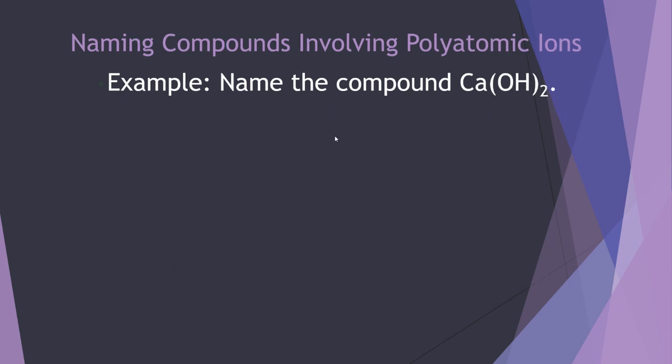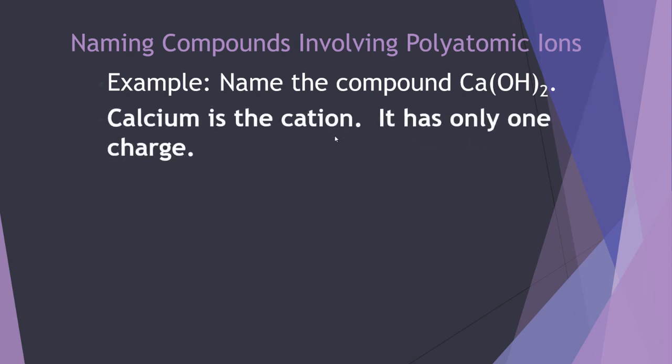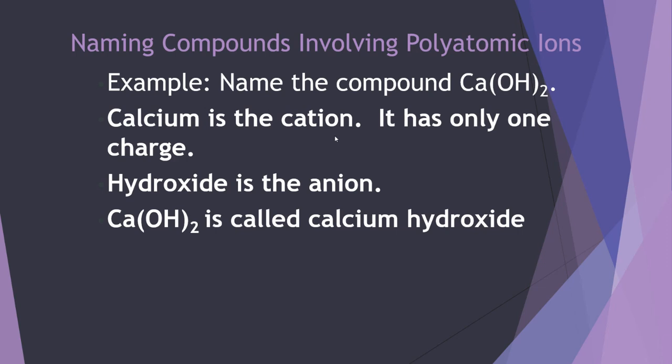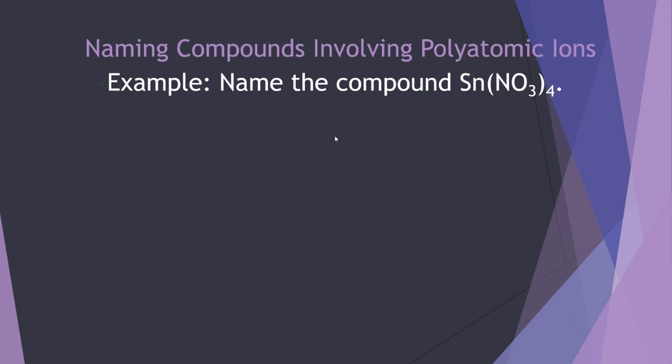Let's do another example. CaOH2. Calcium's the cation. It only has 1 charge. Hydroxide is the anion. That's what OH is. So this is called calcium hydroxide. That's not too bad. Next, Sn(NO3)4.